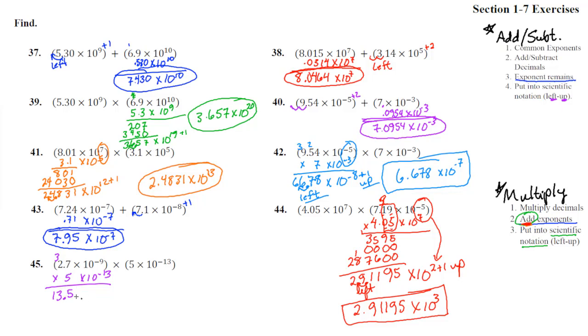So we're one digit behind the decimal, times 10 to the -9 and -13. That adds up to, they're both negative, so they add to a -22. It's not an official scientific notation, so we're going to go left, up, and 1.35 times 10 to the -21.